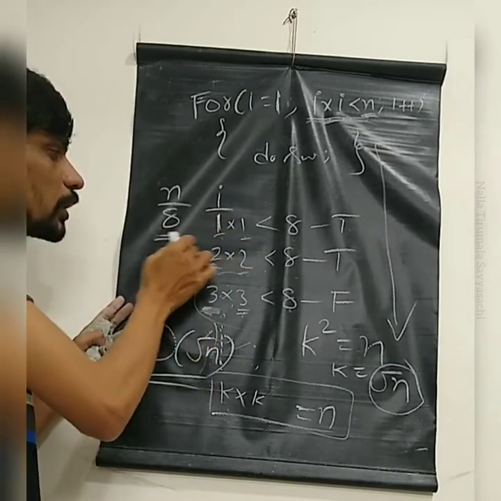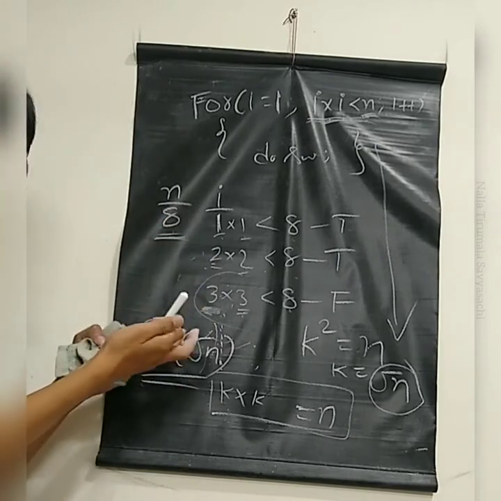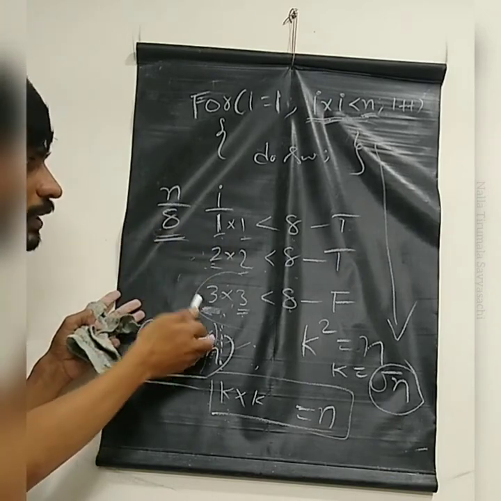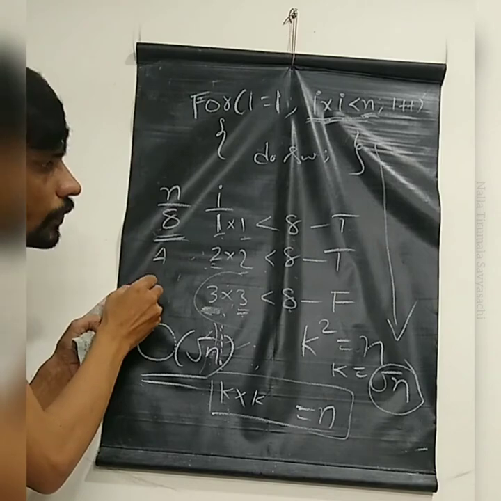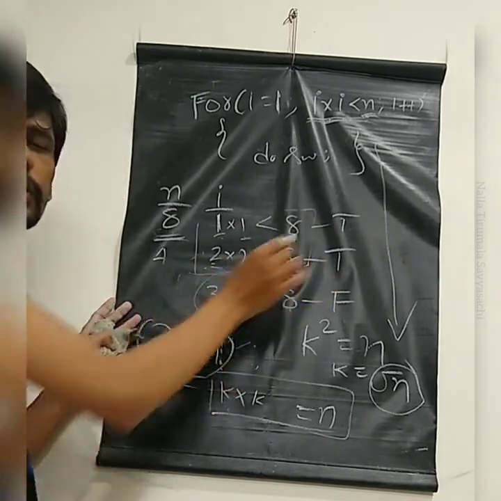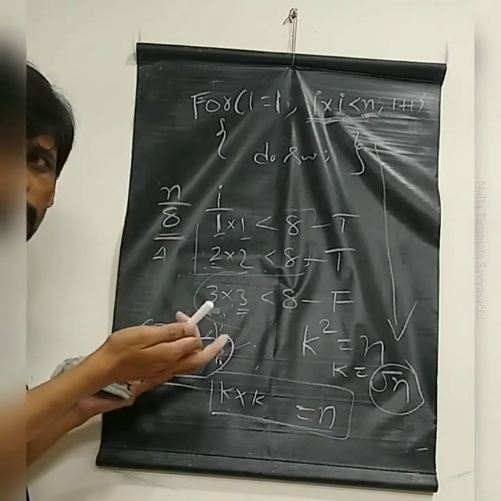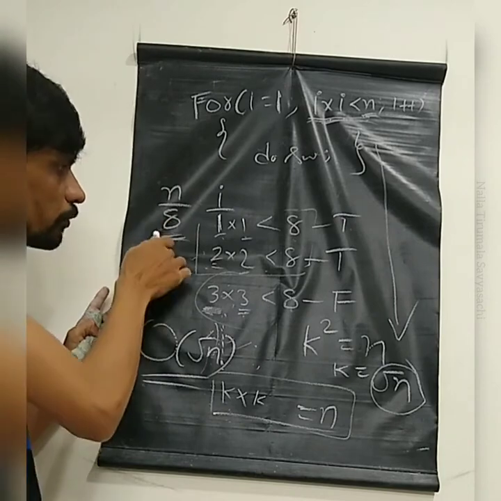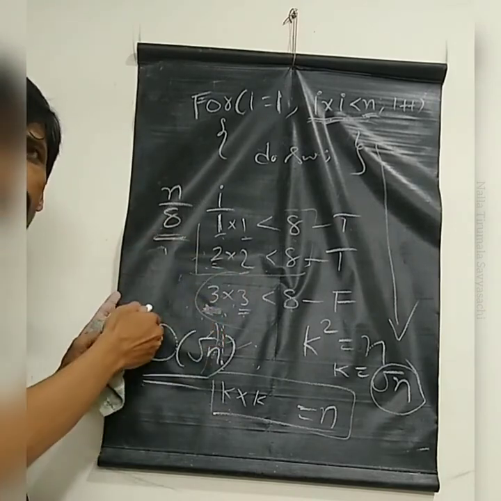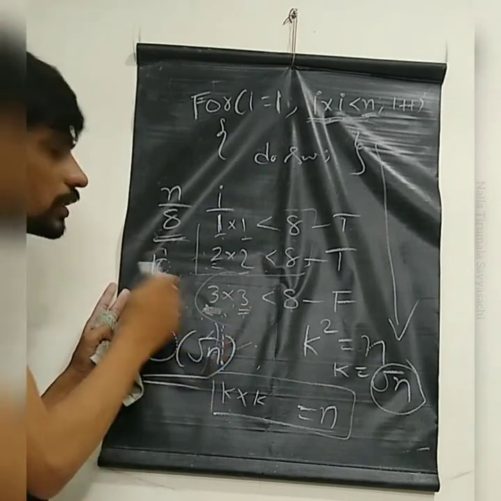If my n is 4, I need only two steps. If my n is 8, I need to calculate at least 3 times. If my n is 10, I need to calculate another time also, right?